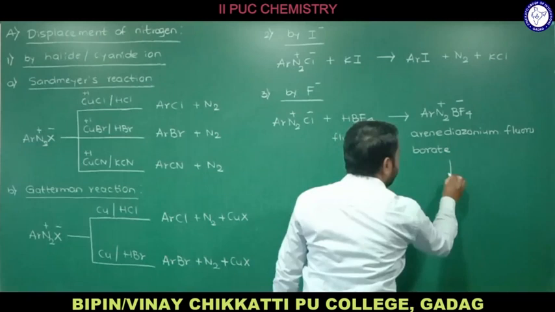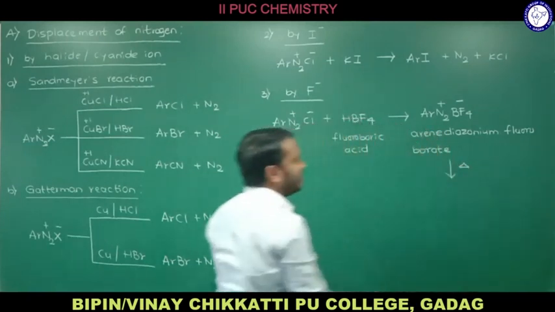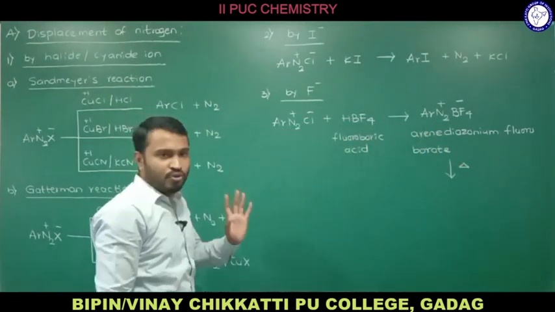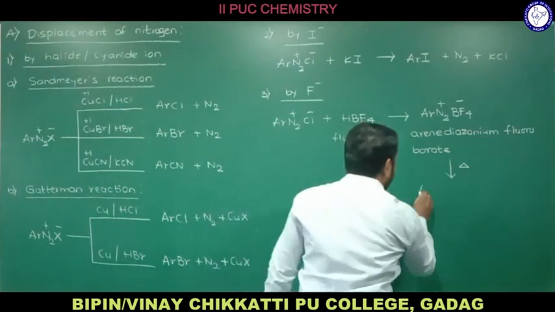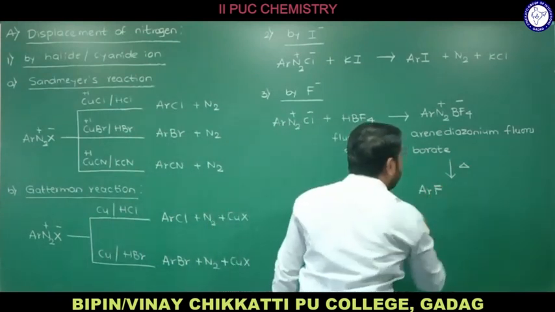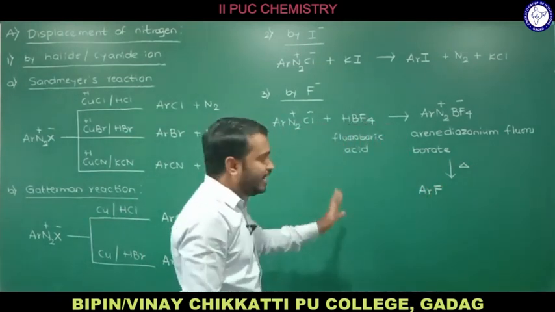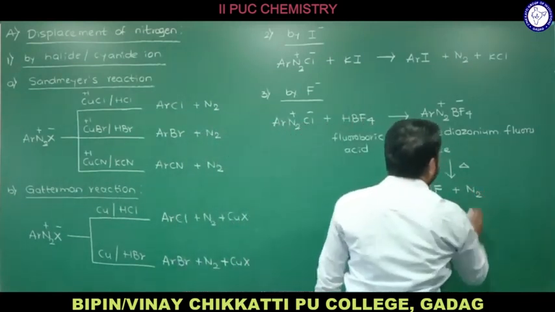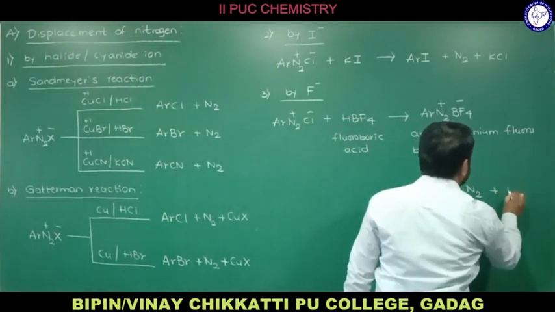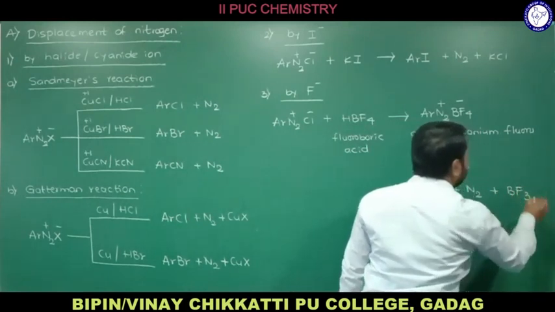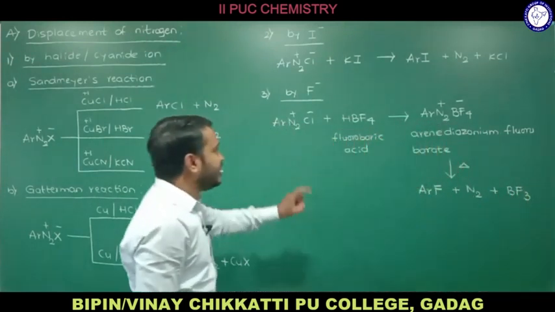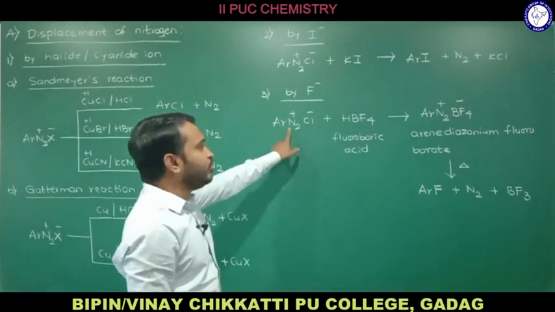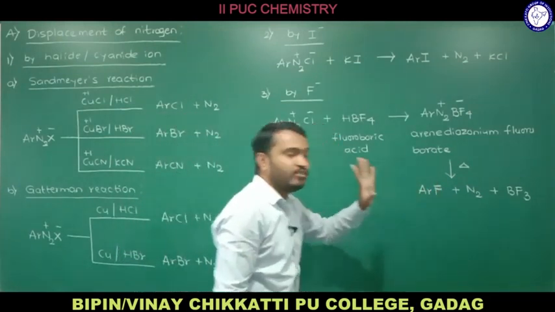When you heat the arene diazonium fluoroborate, we get the halogen derivative of benzene, that is fluorobenzene, ArF. Apart from that, N2 gas is released, and we get BF3, boron trifluoride.